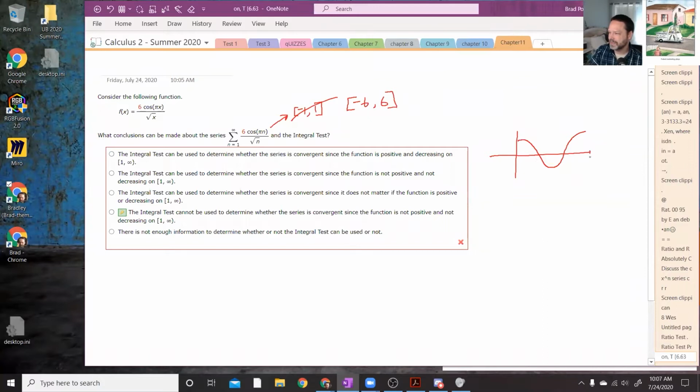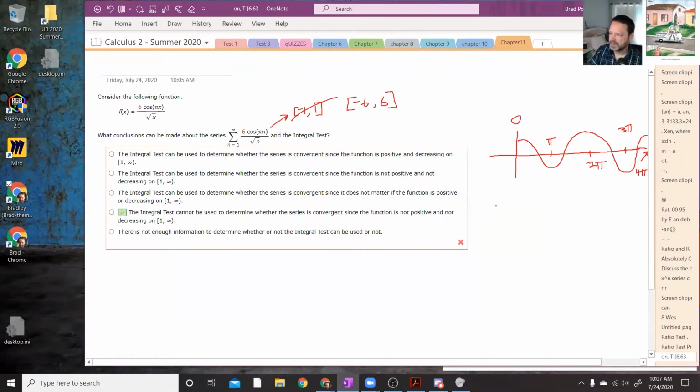So anyway, this is 2 pi. This is pi. That's 0. And we could go a little bit further if we want. 2 pi, 3 pi, and right there would be 4 pi. All right. So what's happening at integer values of pi?